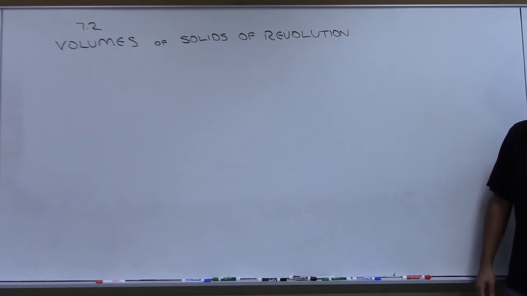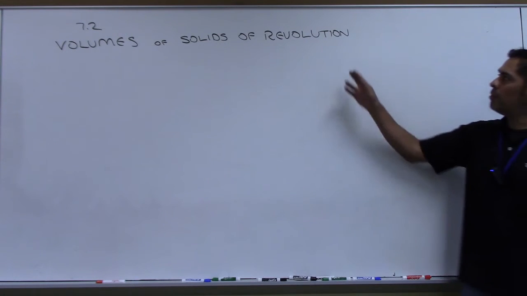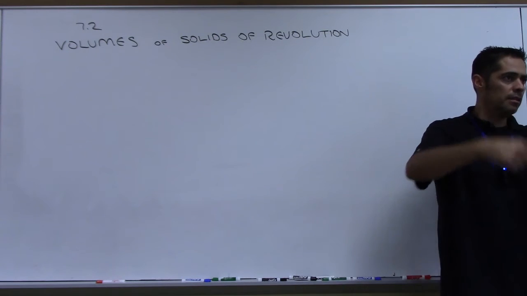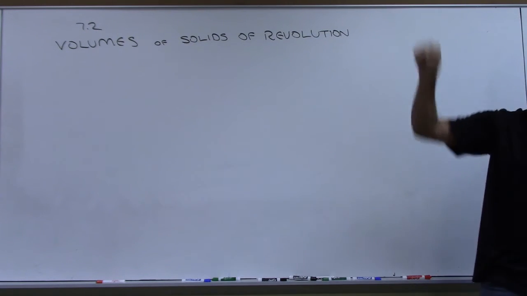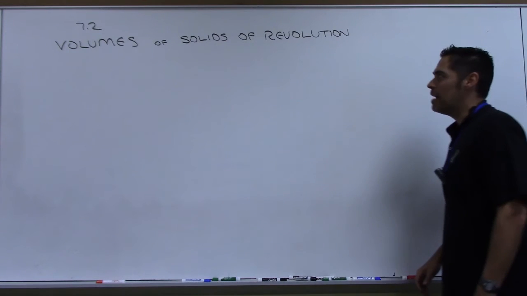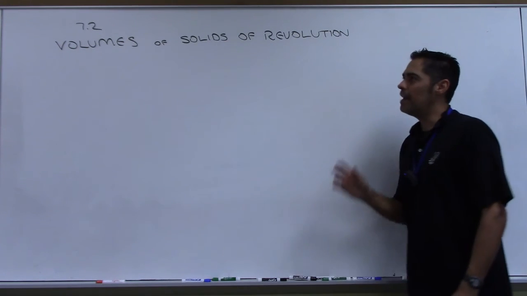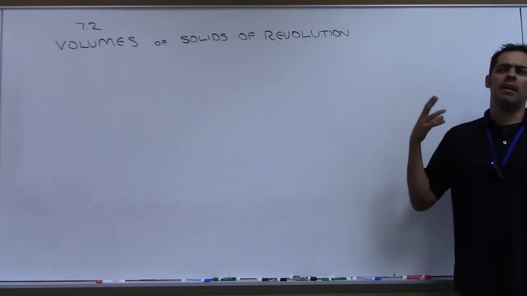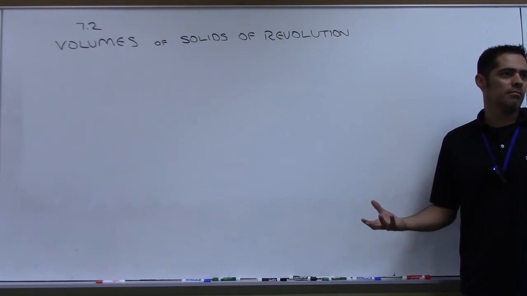When we see the word revolution, we're talking about rotation, revolving, not like here comes the new revolution. Geometrically, we are going to create some solids by revolving things and try to find the volumes.